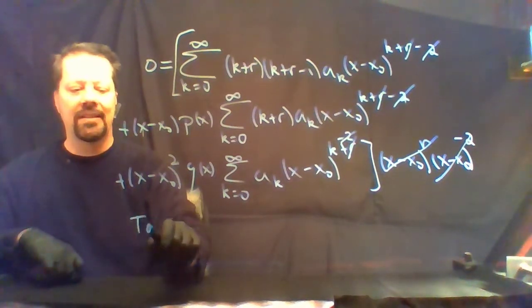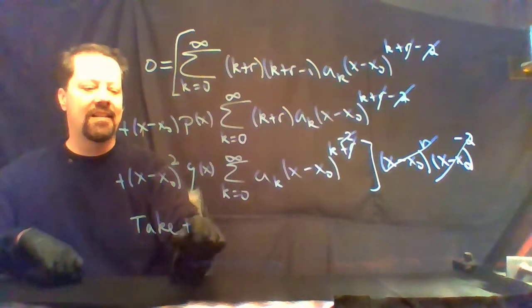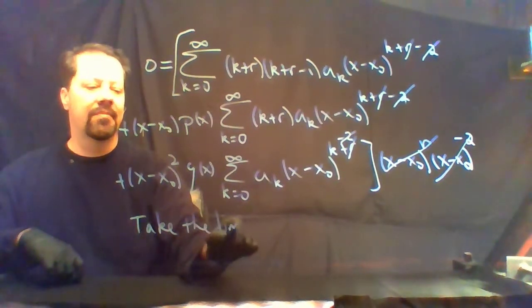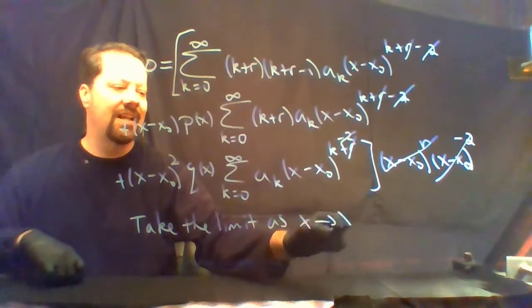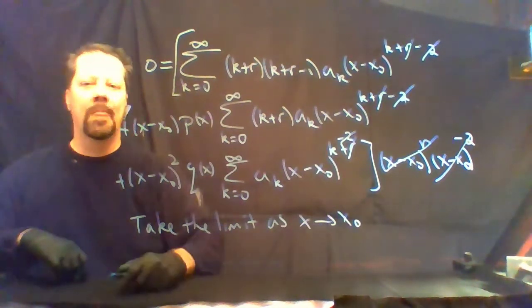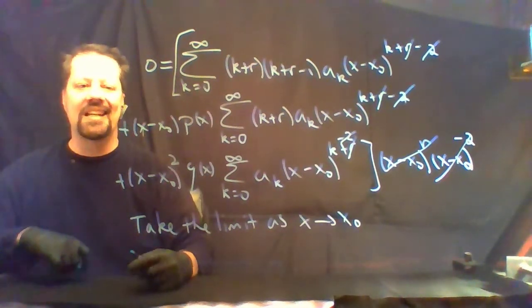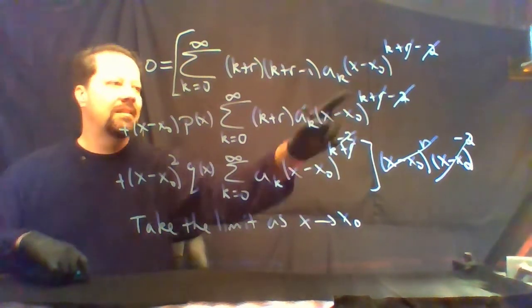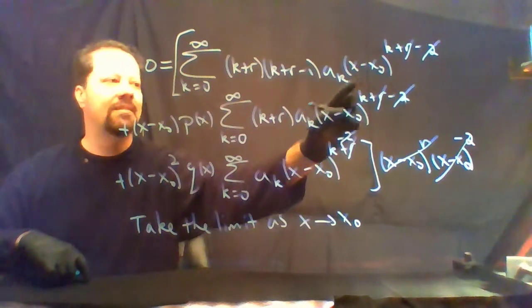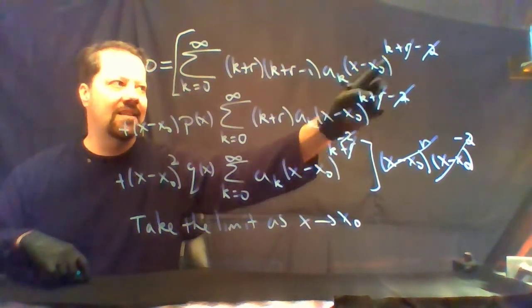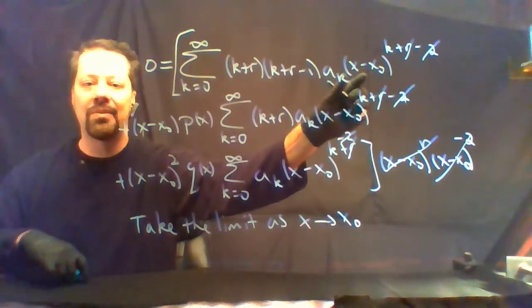It's at this point I want to take the limit as x tends to x naught. When we take the limit as x tends to x naught now, if k is bigger than 1, then x minus x naught to the power k will go to 0.